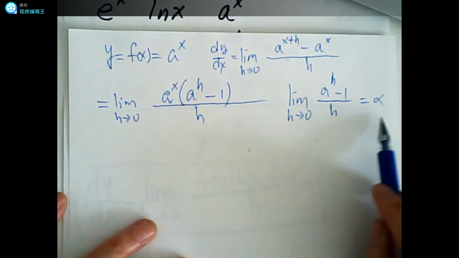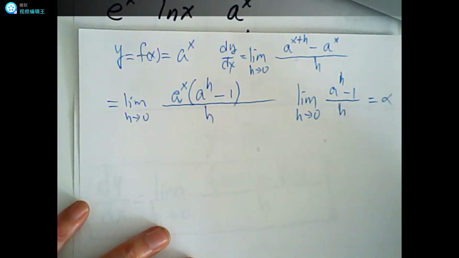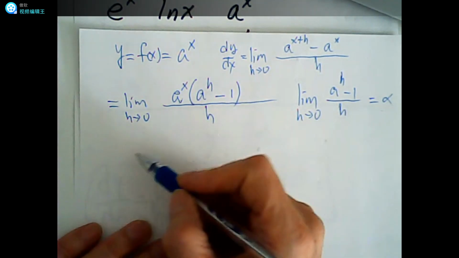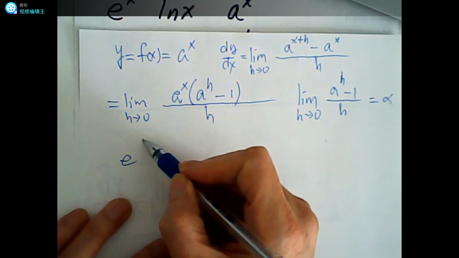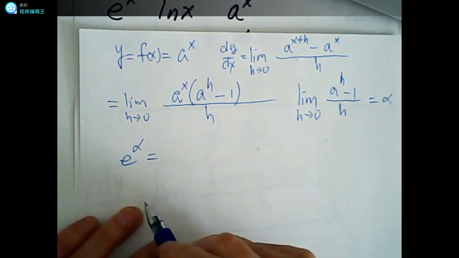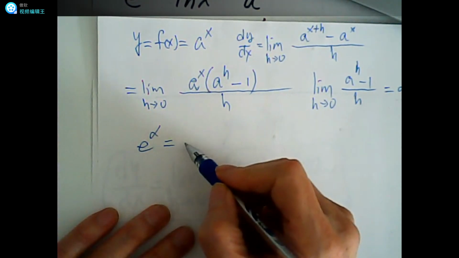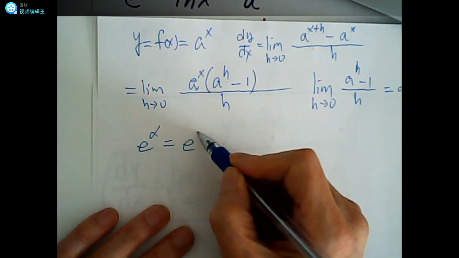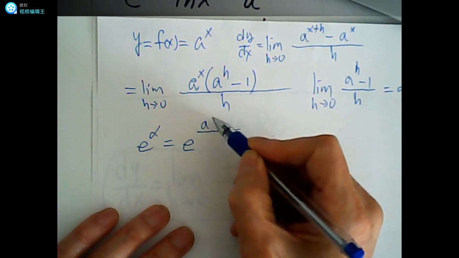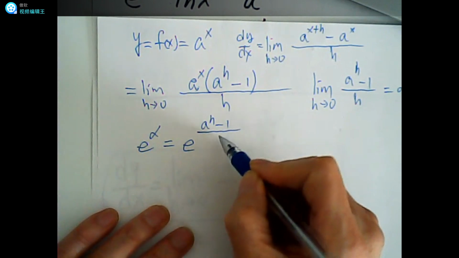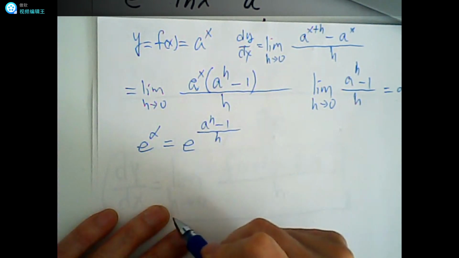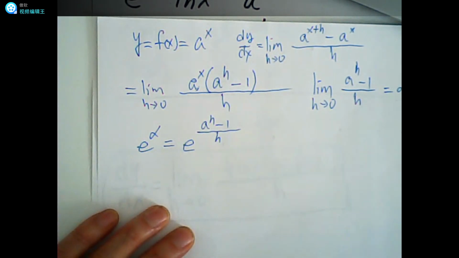Now, how do you find alpha? Let's take the power: e to the alpha is equal to e to the power of a to the h minus 1 over h.